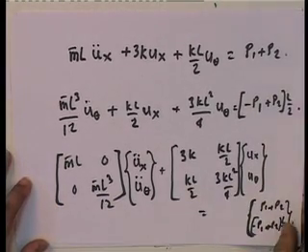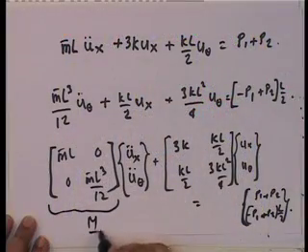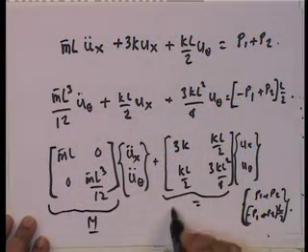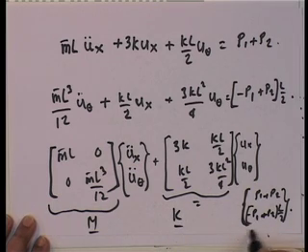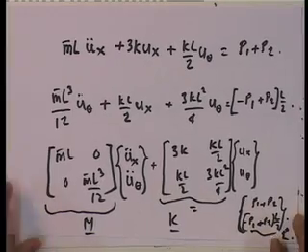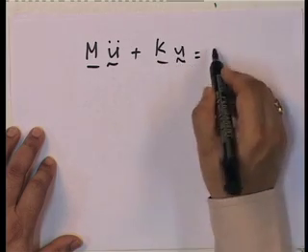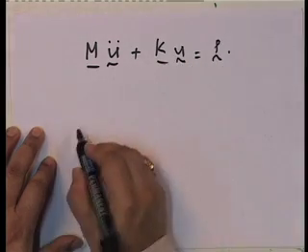Okay. So, this is what we get on this particular equation. So, this is the mass matrix, this is the stiffness matrix, and this is the load vector. So, finally, what does it look like? m into u double dot plus k into u is equal to p.